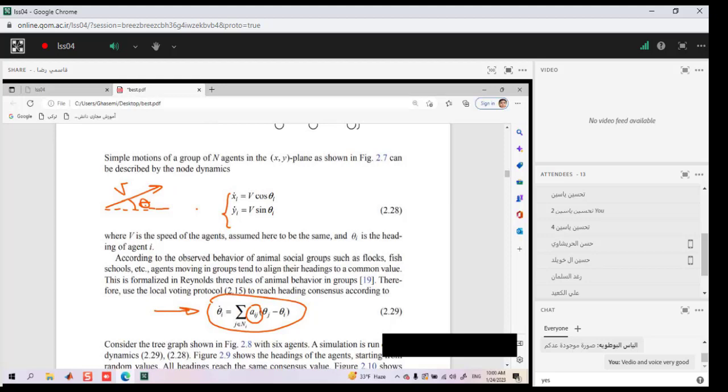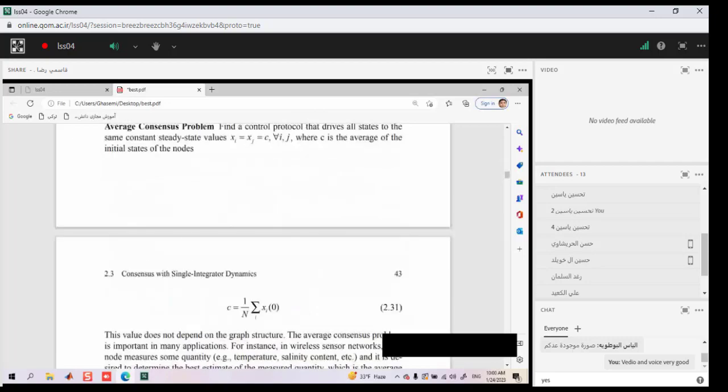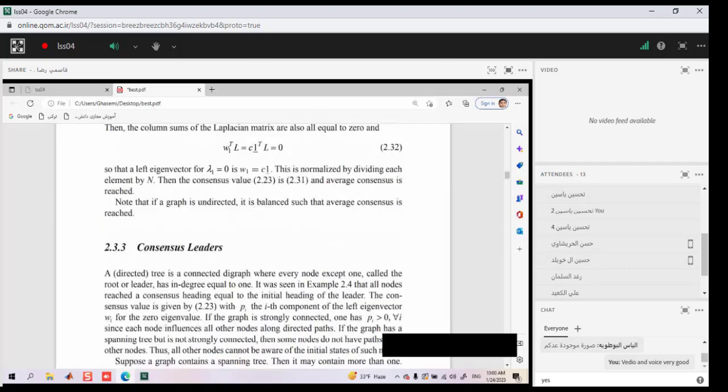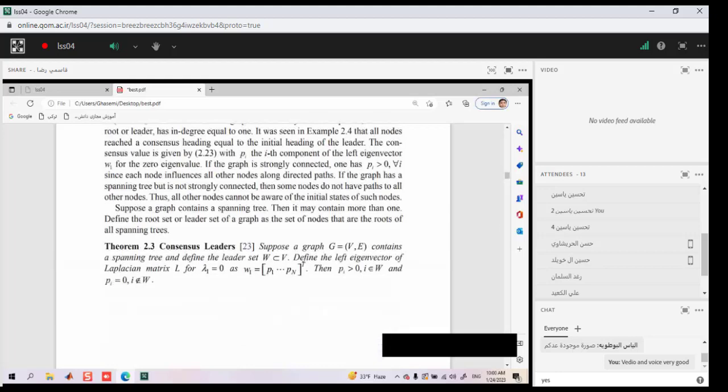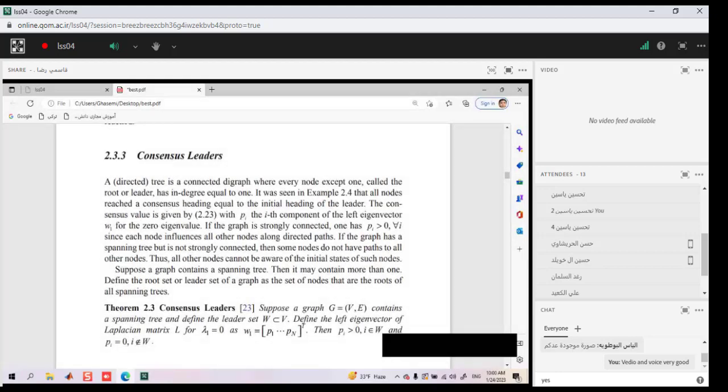I don't want to solve this problem because it is nonlinear and it's not important for us to solve the nonlinear problem. Let me continue with the linear one. It's better for us to know everything about linear. The second step in our approach is consensus based on the leader.